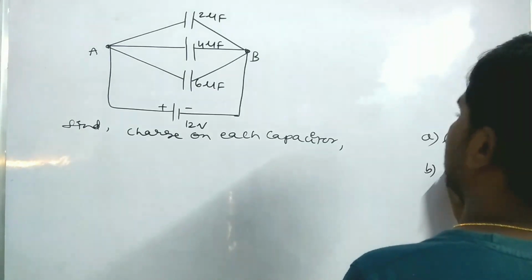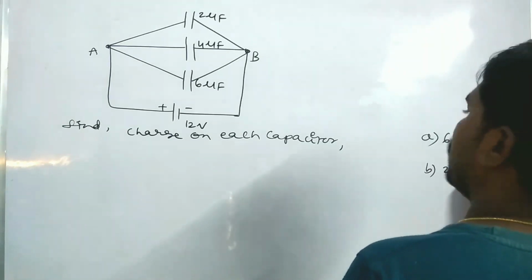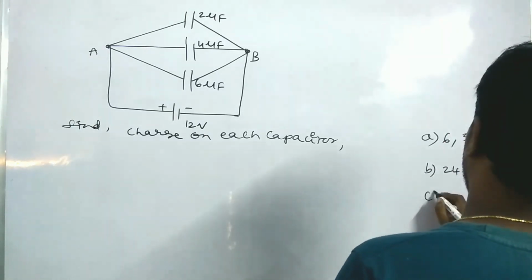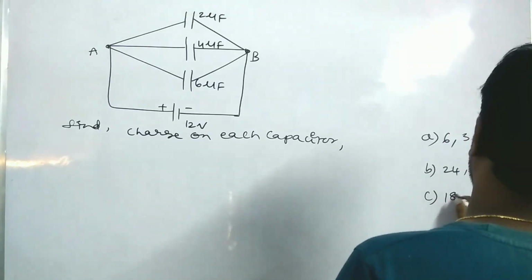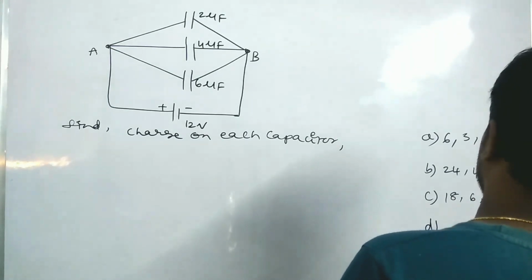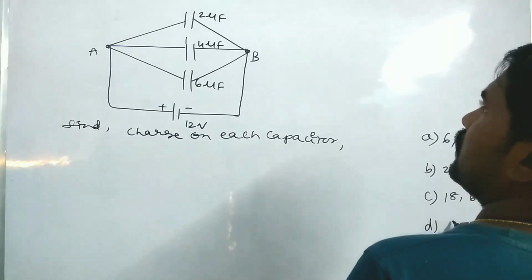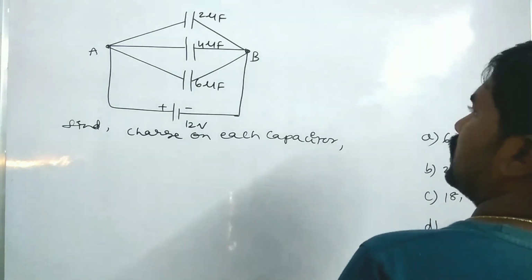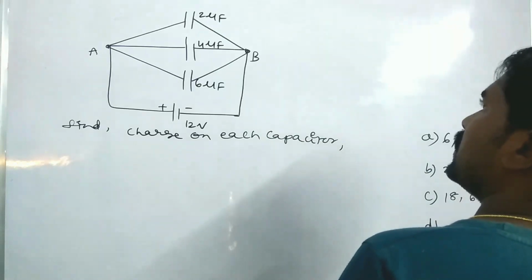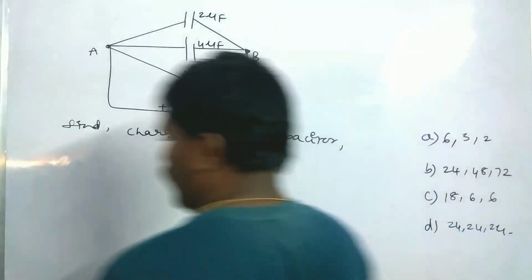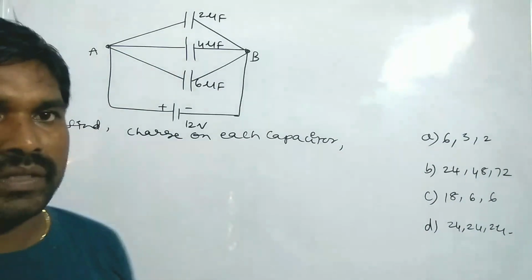Similarly, it is 24, 48, 72, and C it is 18, 6 and 6, and D it is the charge on capacitor, 24, 24, 24.